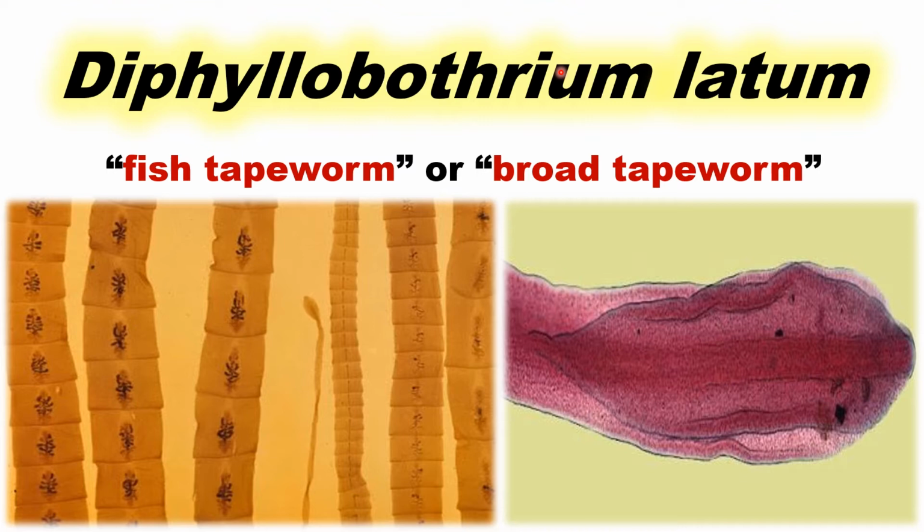It is considered the largest because its proglottids are broader: the width is much broader compared to its length, which is shorter. Among all Diphyllobothrium species, only one is pathogenic, which is Diphyllobothrium latum.